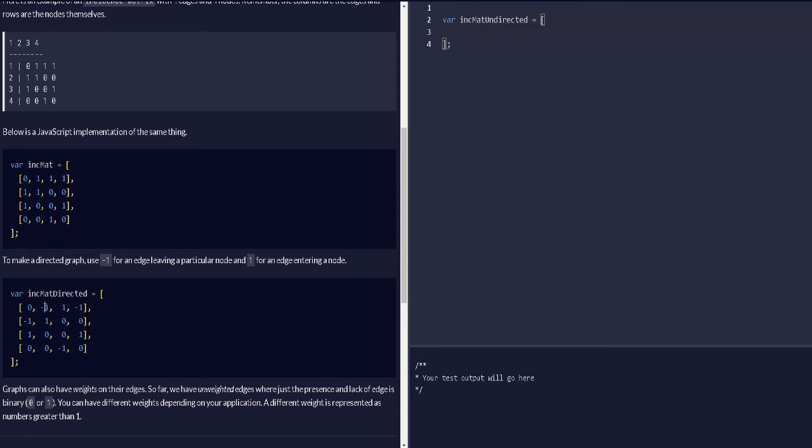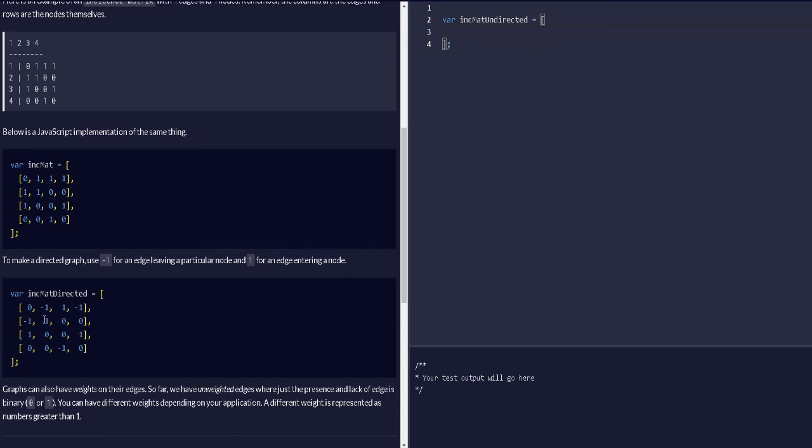So in this directed graph, node 1 is related to node 2. So node 2 is entering node 1, right? If you look at this, we're not concerned about the column number anymore. We're just concerned about directly above each node.